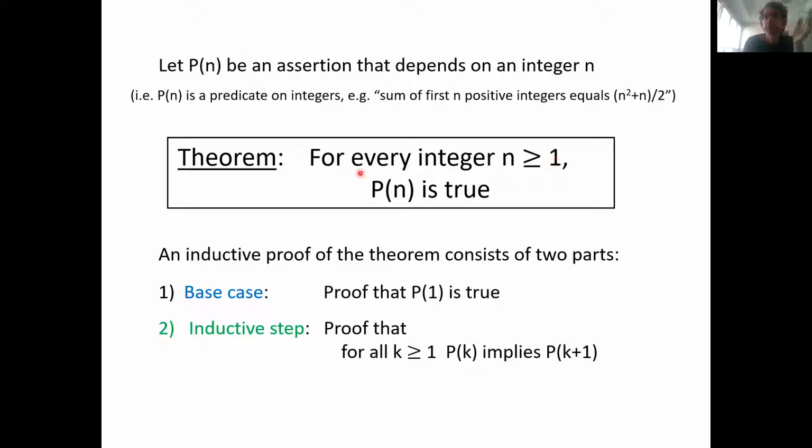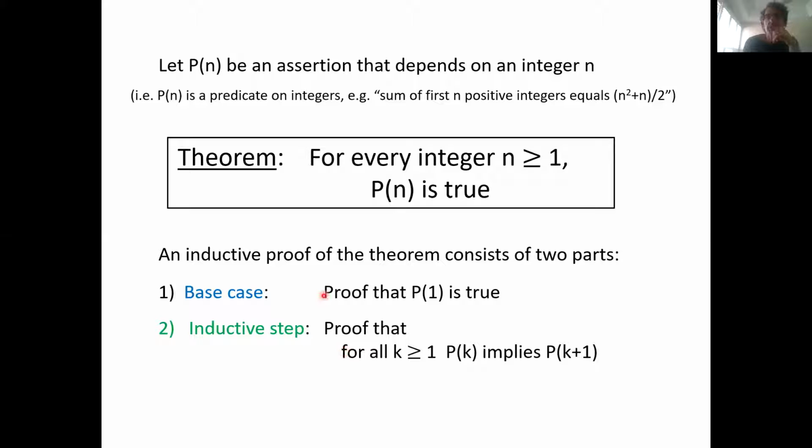There are many ways to prove statements, but one type of proof, the one we will be teaching today, is proof by induction. A proof by induction contains two sub-proofs.